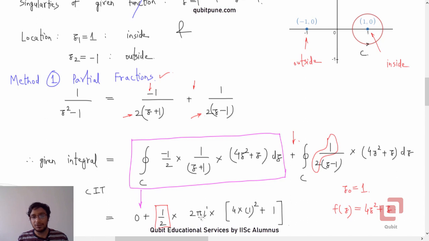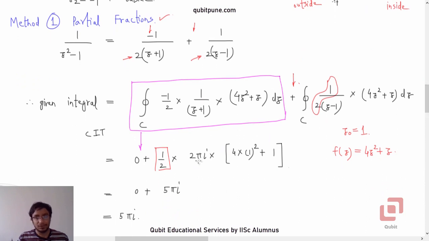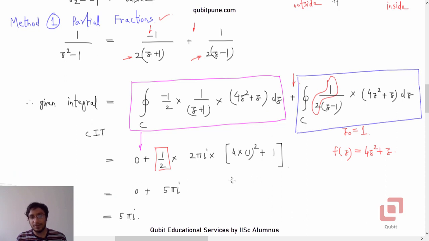So it is 2 pi i times f of z0 by the Cauchy's integral formula. Substitute z0, which is 1, in the function, which will then give you the integral's value as 5 times pi times i. This 2 and this 2 will get cancelled.